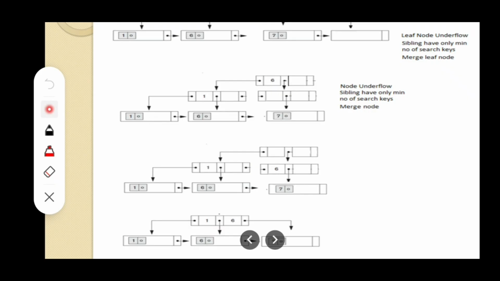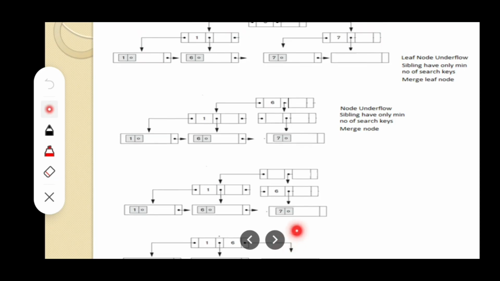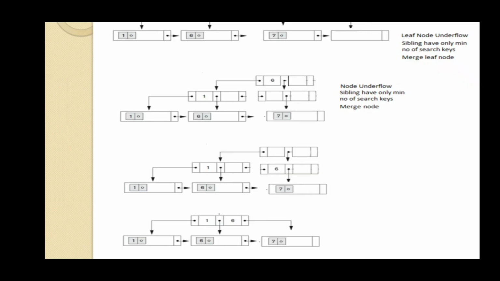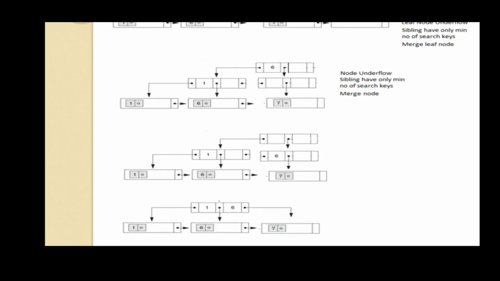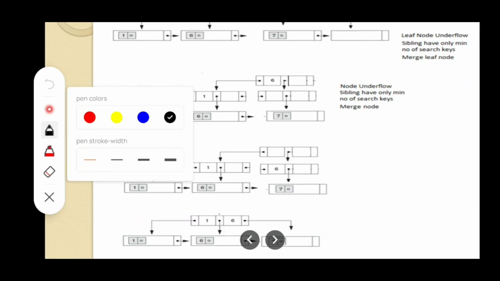Then 1 in the right child has values greater than 1, correct. 6 in the right child has values greater than 6. Yes, it has values greater than 6. So this is the final, resultant tree.